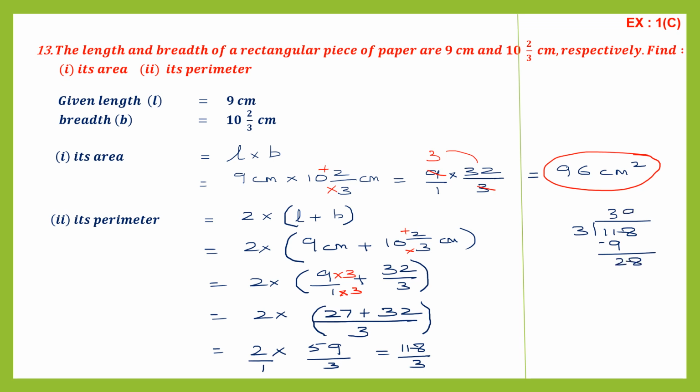Bring down 8, 28: 3 nines are 27, minus, remainder 1. So the mixed number is 39 1 by 3. And since we found the perimeter, the unit is centimeters. So we have found the perimeter also, which is 39 1 by 3 centimeters.